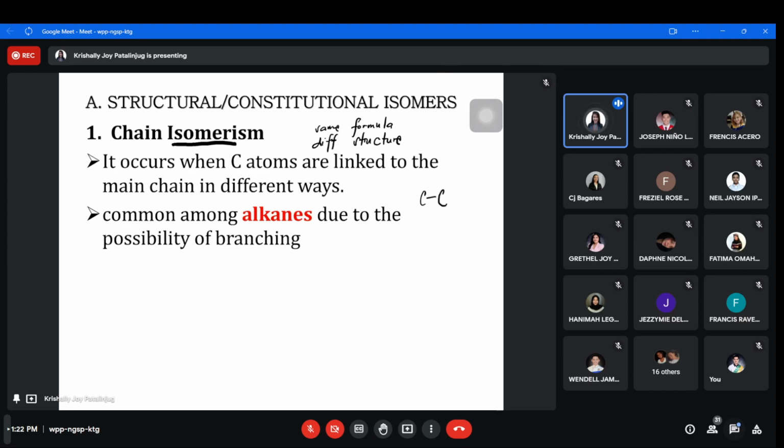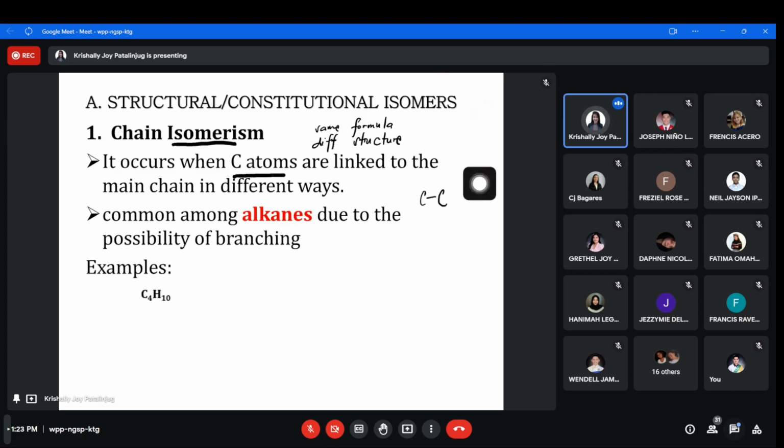Okay? Yung pinaka-capable of branching are the alkanes. So yung nangyayari sa chain isomerism, yung carbon atoms are being linked to the parent chain or main chain in different ways.